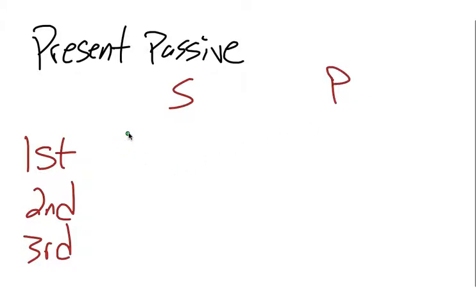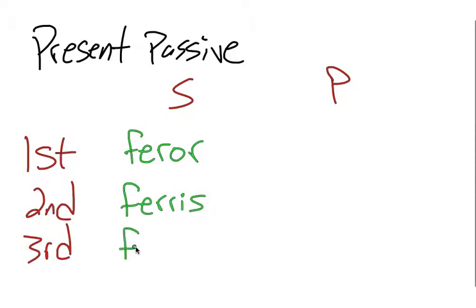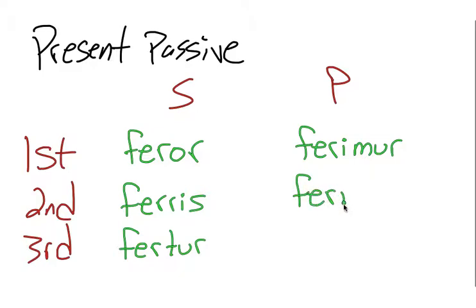For the passive, it's feror, just what you would expect, add an R to make the verb passive, and then ferris. This one's tricky because it has two R's there, and no stem vowel. So ferris, and then fertur. And then in the plural, ferimur, and then second plural, ferimini, and then in third plural, feruntur.